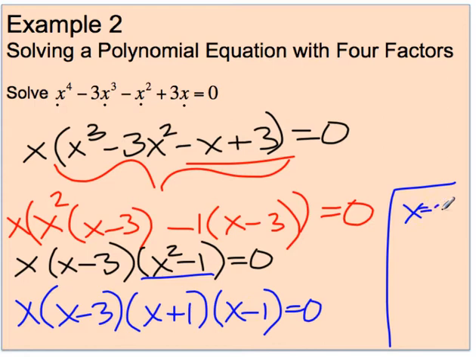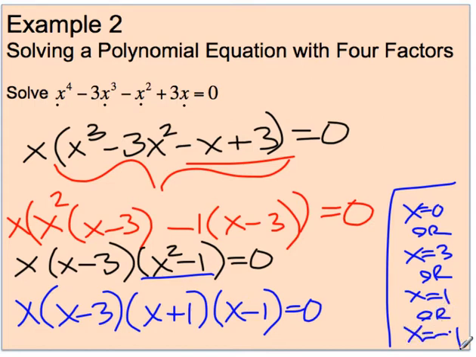Well, x is equal to 0, or x is equal to positive 3, or x could be 1, or x could be negative 1. These are the 4 values that make this equation 0.